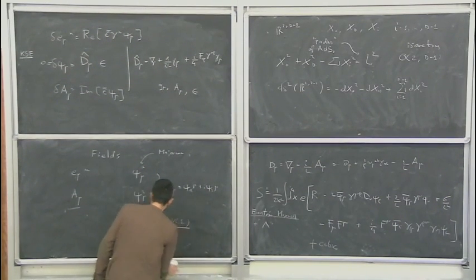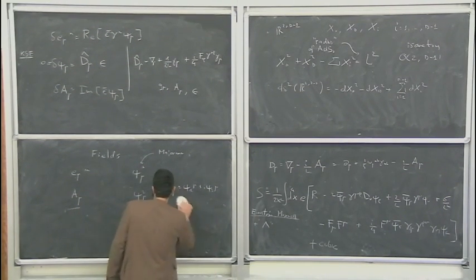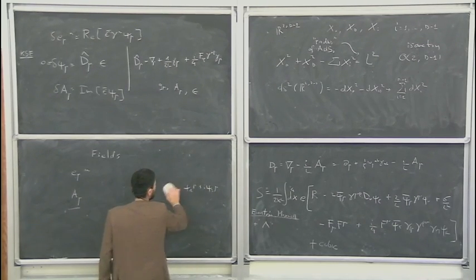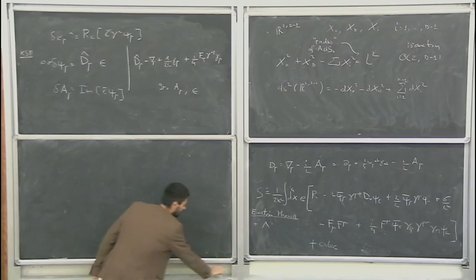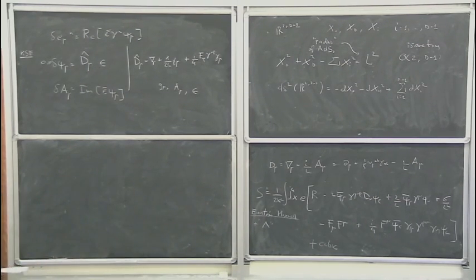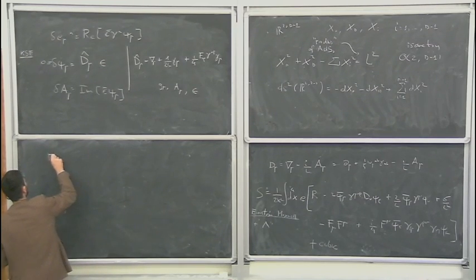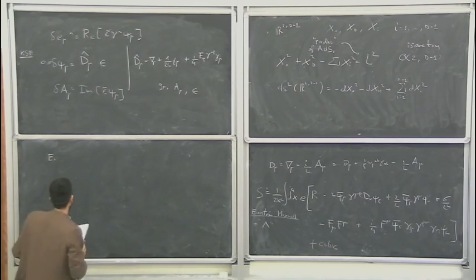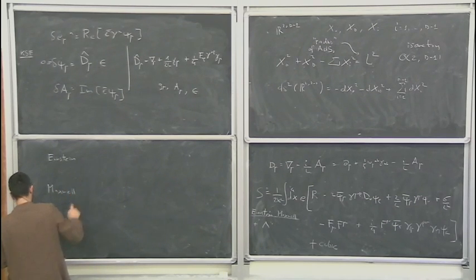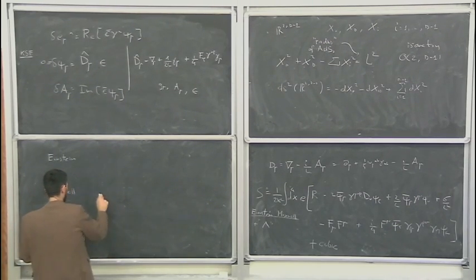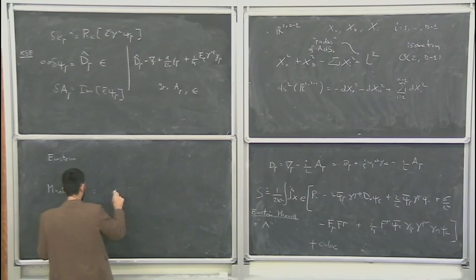So I would like to use the last part of the time today to discuss a bit about the equations of motion and the supersymmetry equations of this action, and give some examples which are also relevant for the ADS-CFT correspondence. So let's write the equations of motion. Since it's an Einstein-Maxwell theory, there will be Einstein equations and Maxwell equations. Okay. So the Maxwell equation, I will switch to better notation.